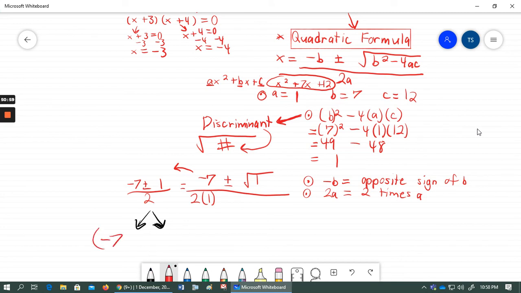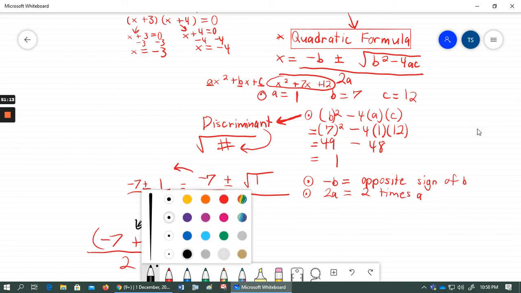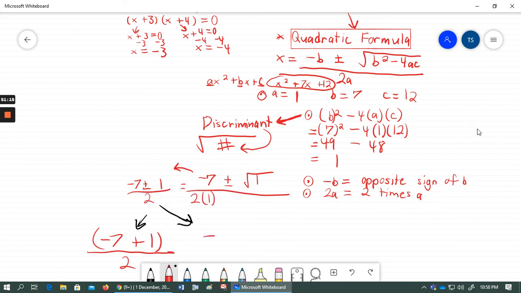One answer is negative 7 plus 1 divided by 2. The other answer is negative 7 minus 1 divided by 2. Two separate answers. Remember that, guys.